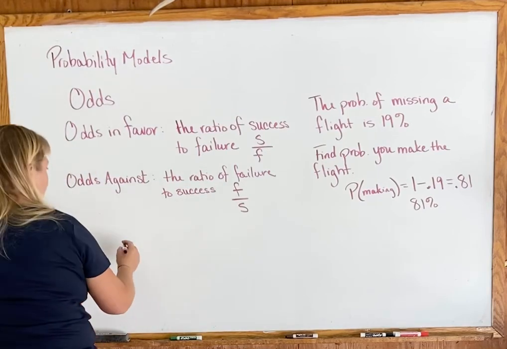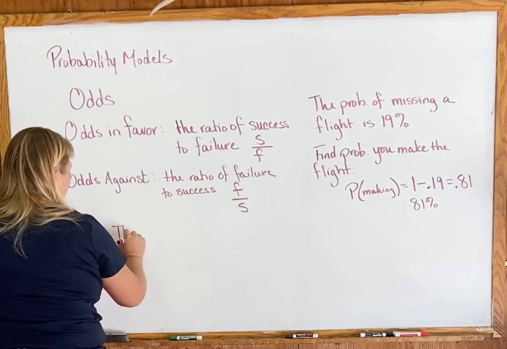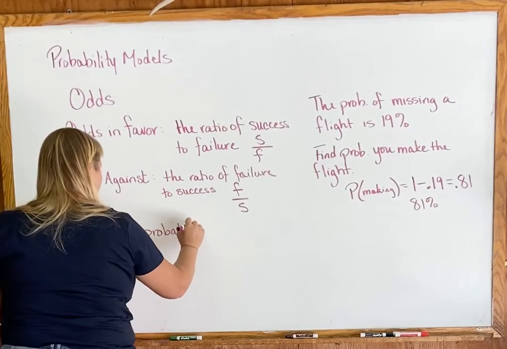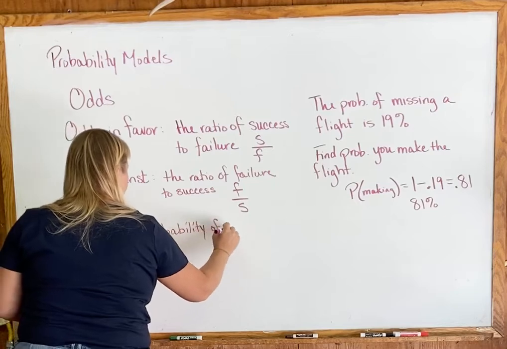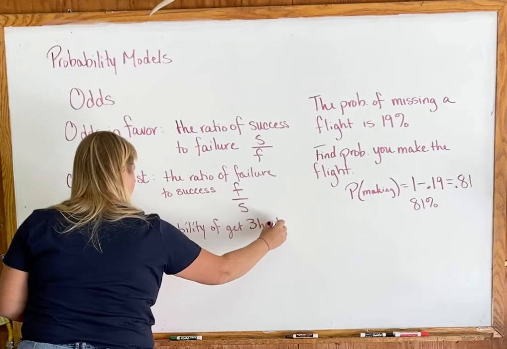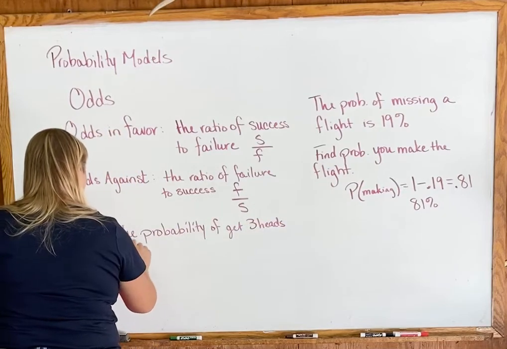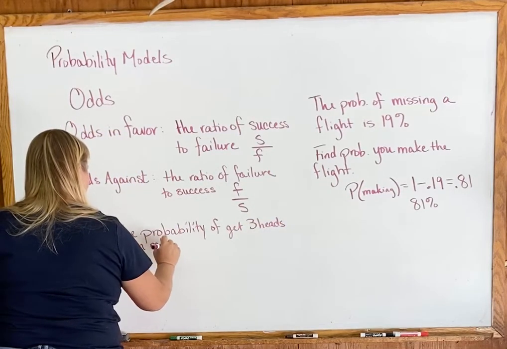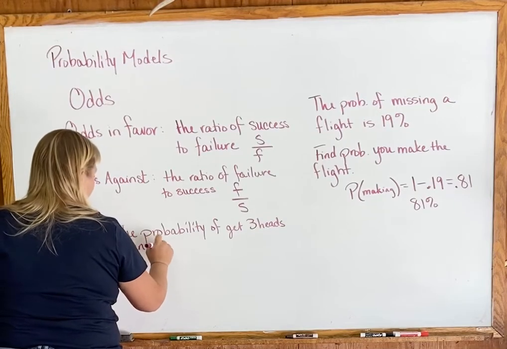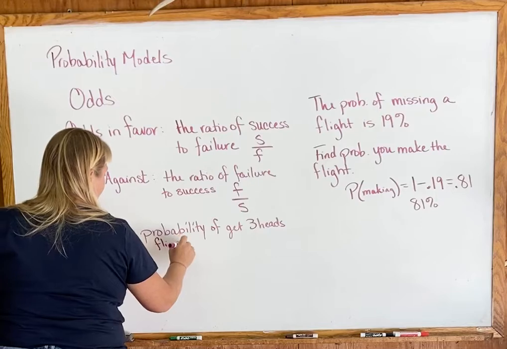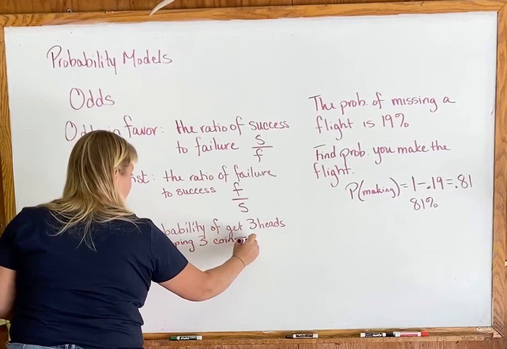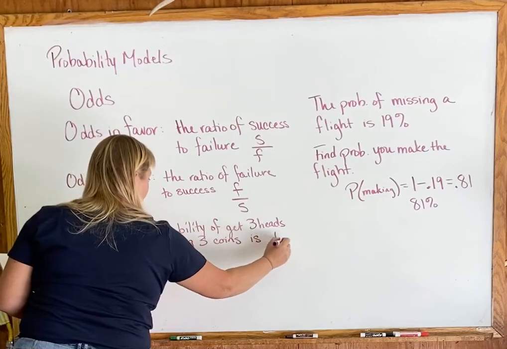Okay, so this says the probability of getting 3 heads when flipping 3 coins is 1/8.